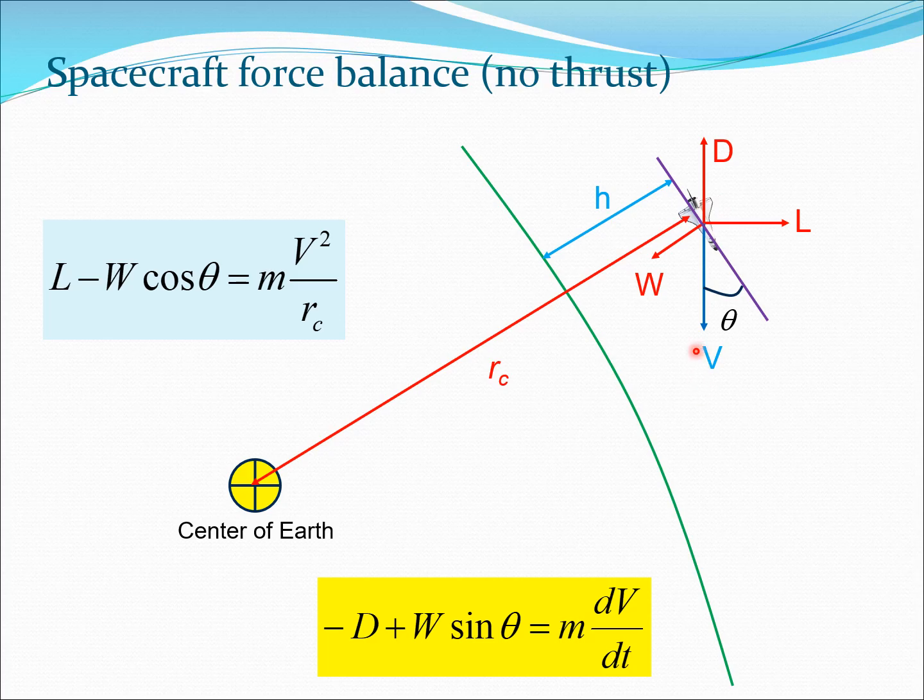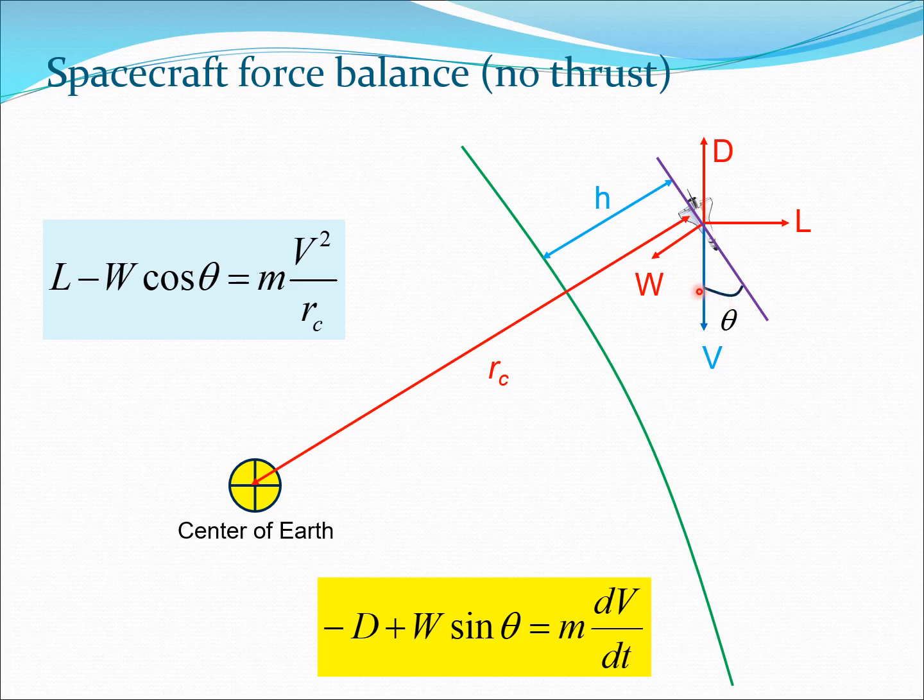So as usual in the fluid mechanics we discussed before, the lift is normal to v and the drag is parallel to v, and W is in the direction of the Earth. So it acts along this particular line. Now I can immediately get two equations here. One equation in this direction I will get as minus D plus W sine theta equals m dv by dt.